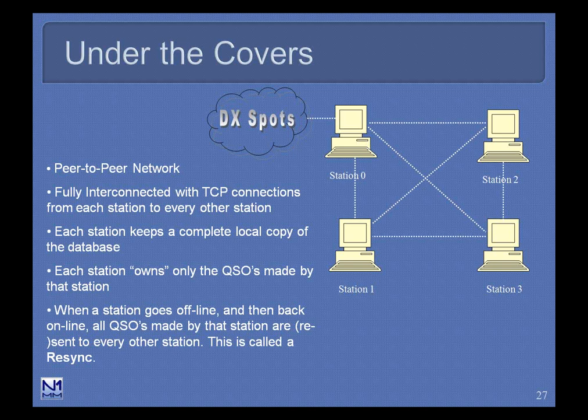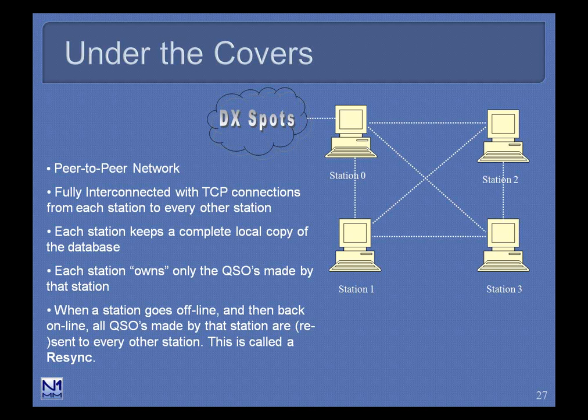We're fully interconnected with TCP connections from each station to every other station, and each station keeps a complete local copy of the database. In other words, again, it's not a client-server where there's one copy of the database. There's a copy of the database on each station. However, each station only owns those contacts that are made by that station.